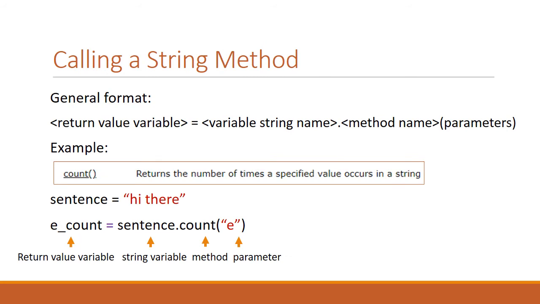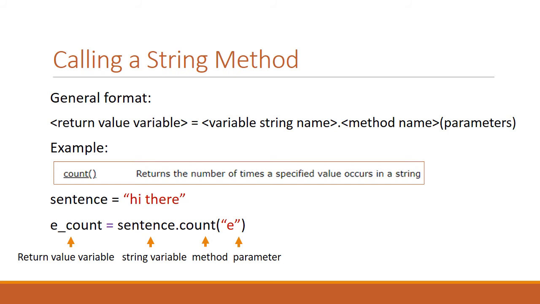The general format for calling a string method is: we have our return value variable assigned our string variable dot method name, open parentheses, parameters, and close parentheses. So let's look at the example method count, where it returns the number of times a specified substring occurs in a string.